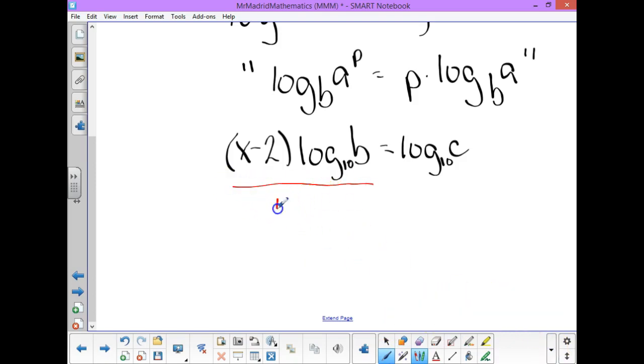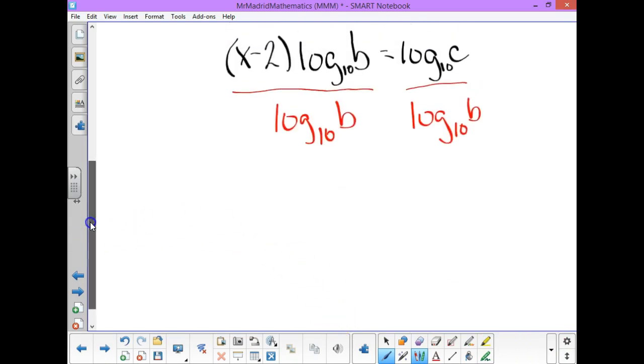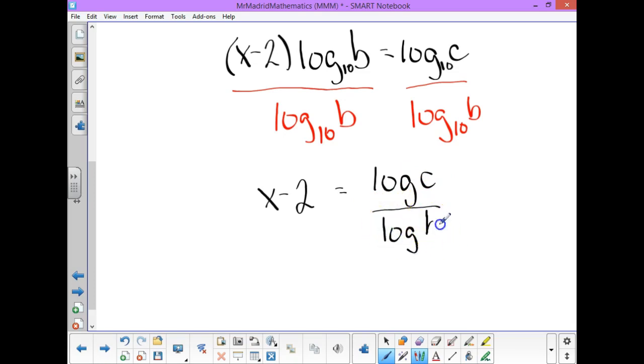So I'll go like this, log base 10 of b divided by log base 10 of b. I'm sticking with the base 10. It's about to disappear here. See if I can keep my promise. So this and this are the same, so they'll cancel. So I'm left with x minus 2 equals what? Log of c. Notice the 10 disappeared, but it's still implied, over the log of b.